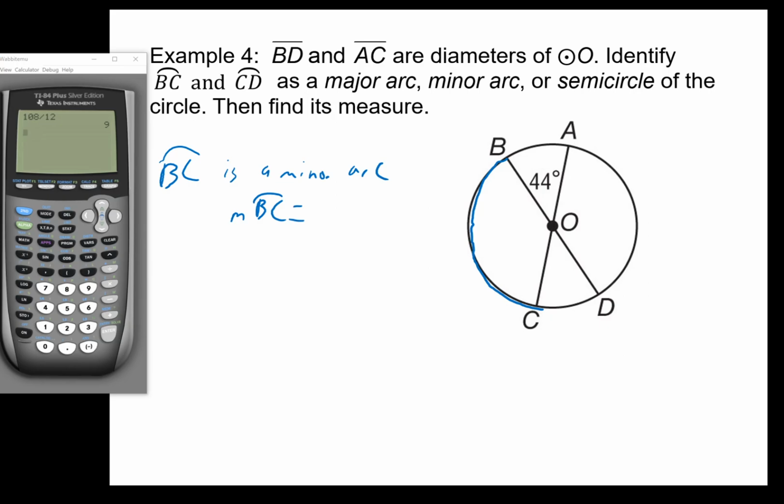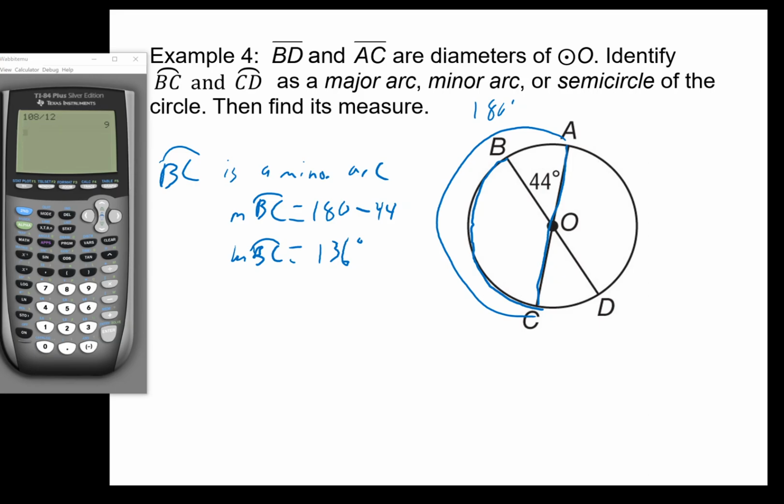Well, I know that AC is a diameter, so this whole thing from A all the way around to C is 180 degrees. So therefore, BC is going to be 180 degrees less this 44. So the measure of arc BC is equal to 136 degrees.